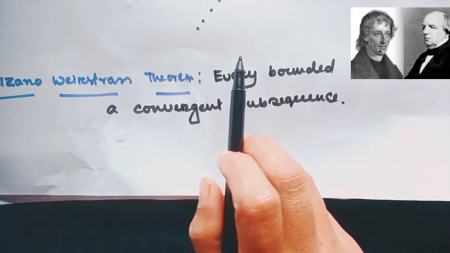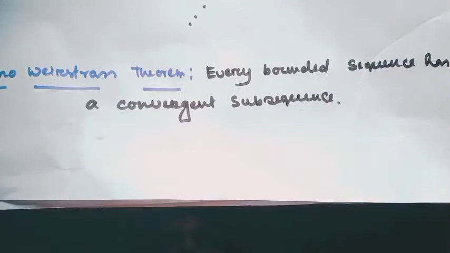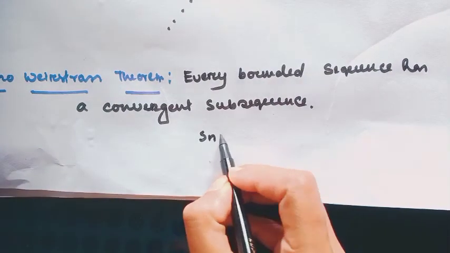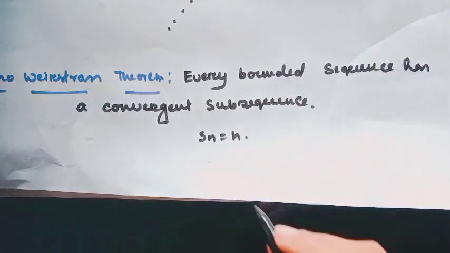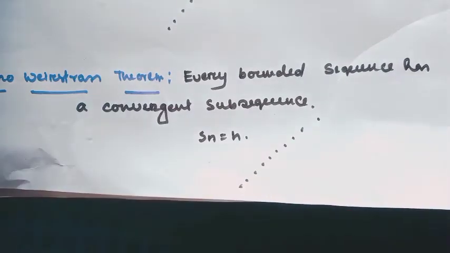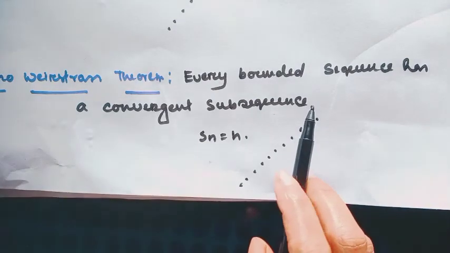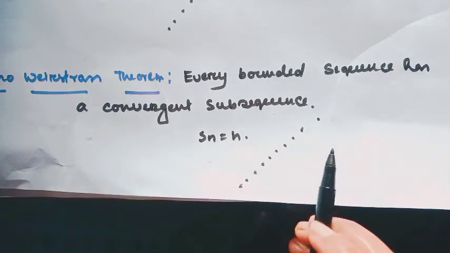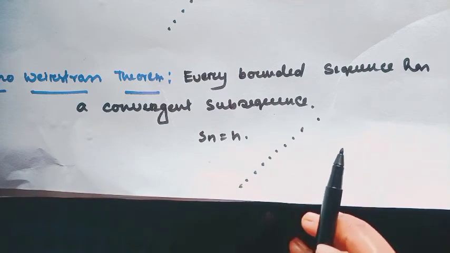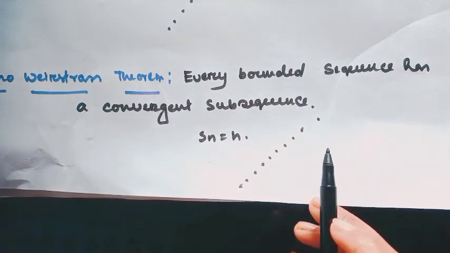By the way, this theorem is not true for unbounded sequences, because if you take s_n equal to n, the sequence goes up, up, up. In fact, none of the subsequences here converge to a finite number, because every subsequence must go to infinity.